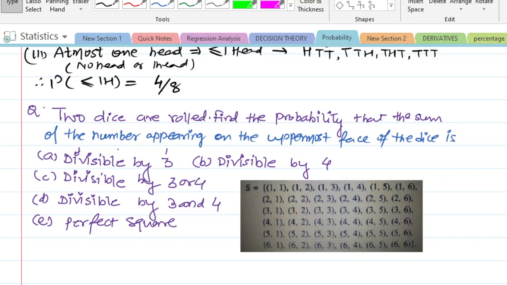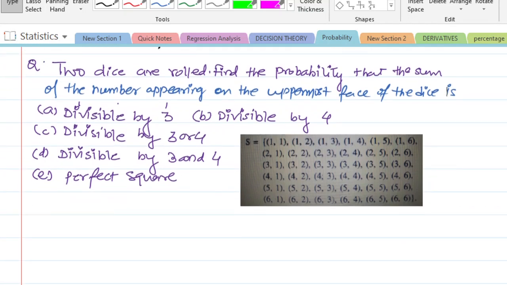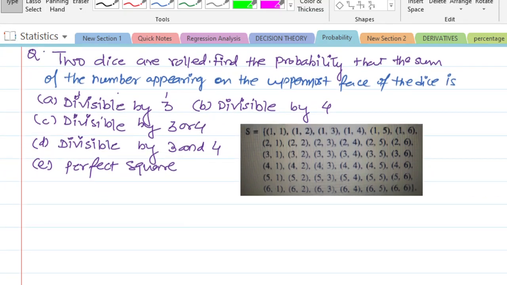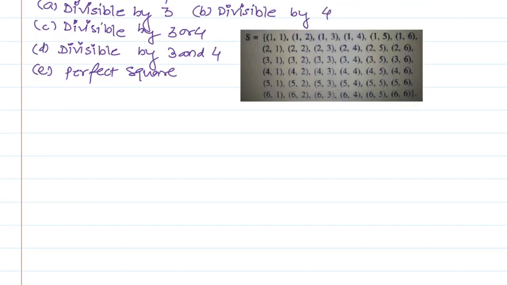First thing you are being asked is divisible by 3. So how do I find the sums divisible by 3? Let's understand what all numbers we have which are divisible by 3.